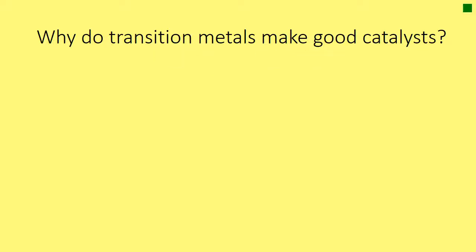So let's have a look at this alternative reaction pathway. Let's consider the reaction between reactant 1 and reactant 2, and they're going to make a product P. And we could let that reaction go ahead just by waiting for reactant 1, reactant 2 to collide and make product P. But the activation energy might be quite high, in which case we'd be waiting quite a long time for our product.